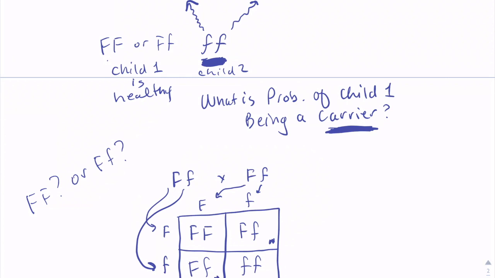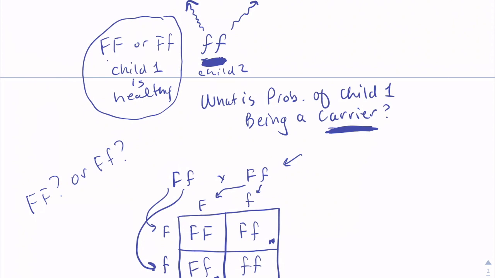And before you go saying, well, it's a 50-50 shot whether she's a carrier, I'm telling you no, it's not a 2 out of 4 box shot. It was a 2 out of 4 chance that their parents would have someone as a carrier, but it's a little different for this child over here.